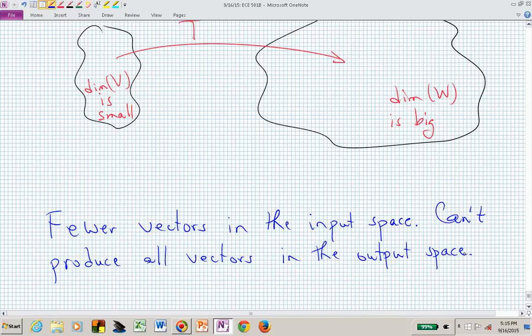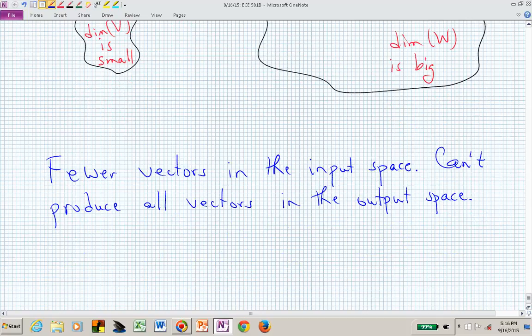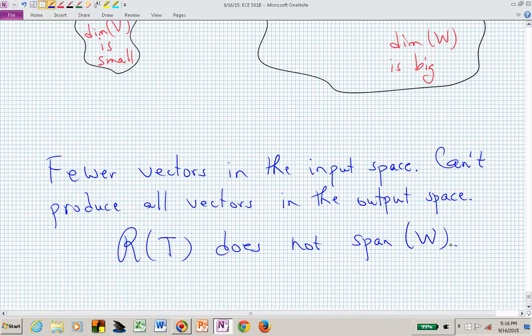We just don't have enough flexibility. Or this is saying the range of T does not span W, where W is our codomain.